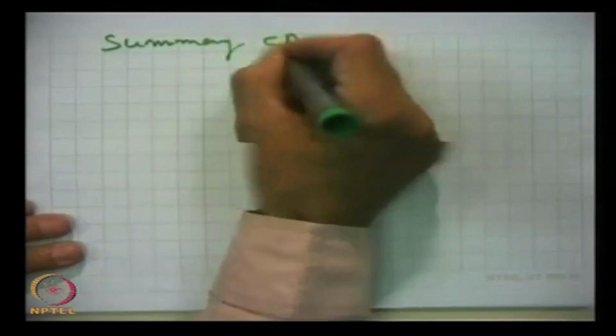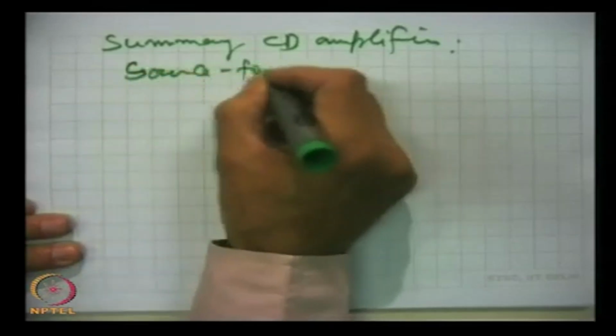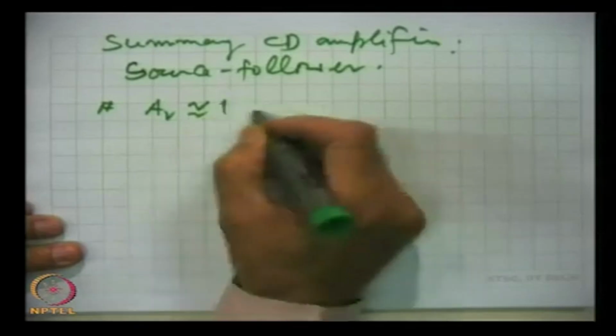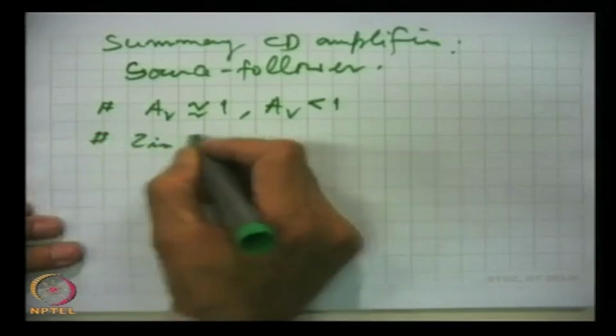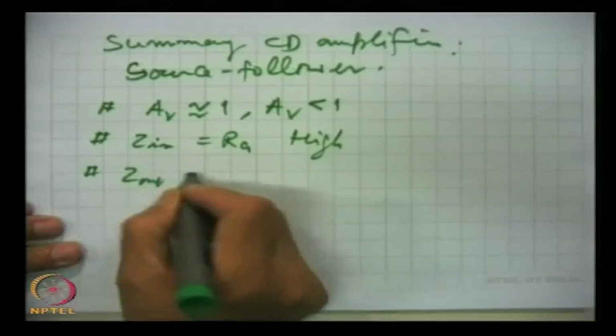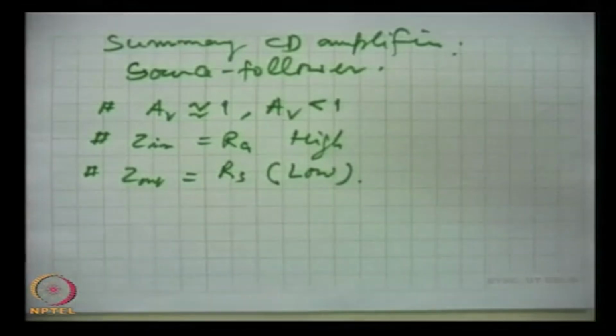So, in summary of CD common drain amplifier, which is also known as source follower, here the gain is close to 1, but actually it is less than 1, and input impedance very high Rg, and output impedance Rs low, and it is used for buffer purposes. The last one is the common gate amplifier.